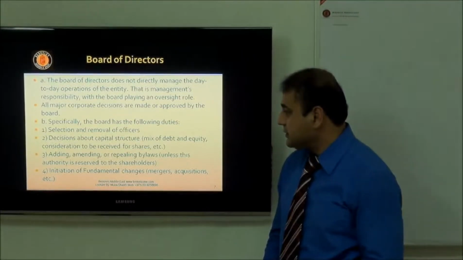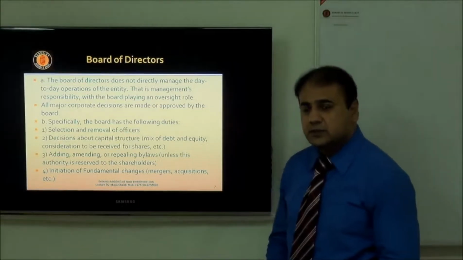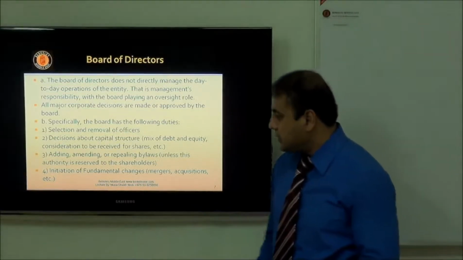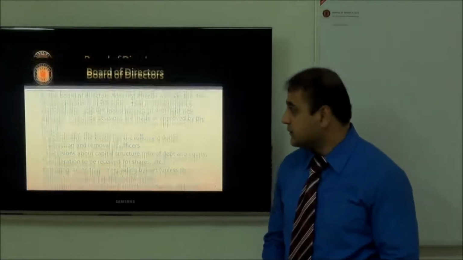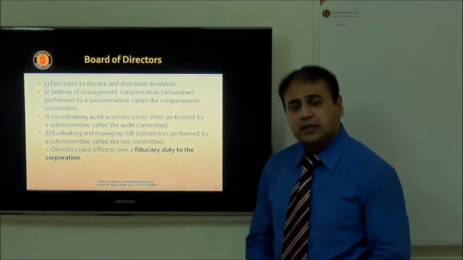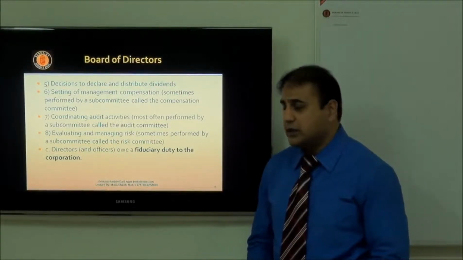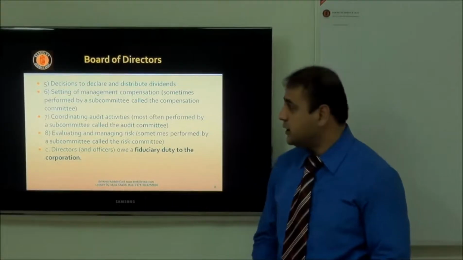the authority is reserved to the shareholder, and surely the board is responsible for fundamental changes like mergers and acquisitions, and the board has to declare a dividend to the shareholder. It may be an interim dividend, it may be a final dividend after 1 year.